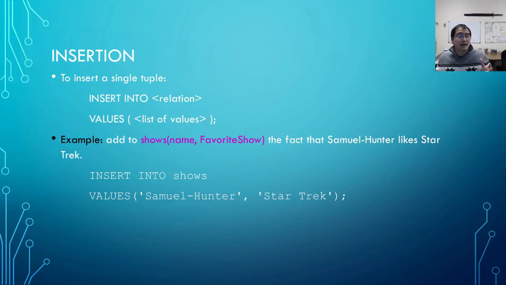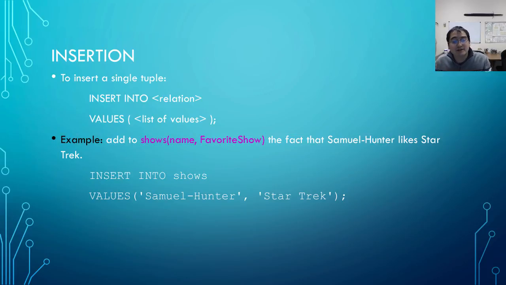For example, if we want to represent the fact that Samuel Hunter likes Star Trek, we would say INSERT INTO shows VALUES, parentheses, 'Samuel Hunter', that's a text field, so we have to represent that with single quotes, comma, and then 'Star Trek' in single quotes as well.